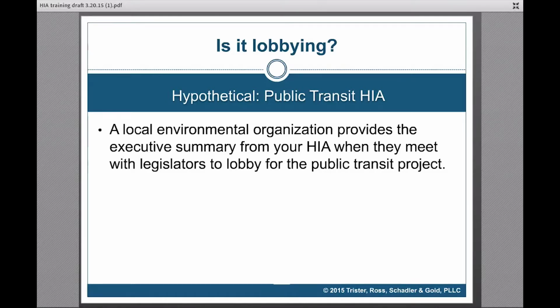But this is the same sort of thing that came up with the steering committee: if you coordinated with them, then you need to be able to demonstrate that you had a broad public dissemination before they used it for lobbying. Otherwise, that coordination could make your HIA a lobbying activity. But if they just took the executive summary and ran with it, unbeknownst to you, then you're not going to be held liable for that.